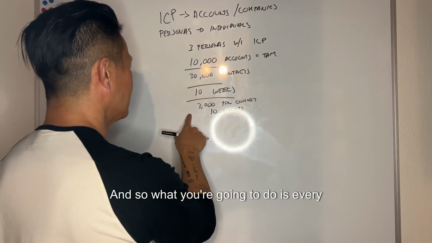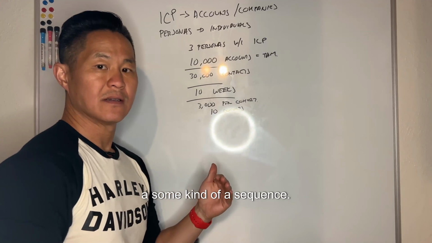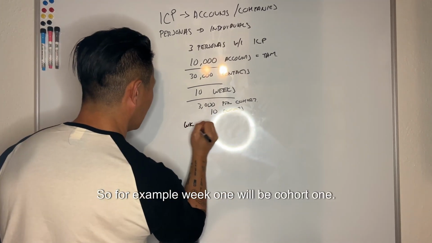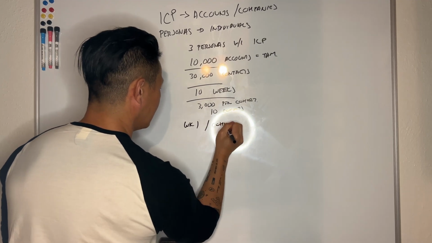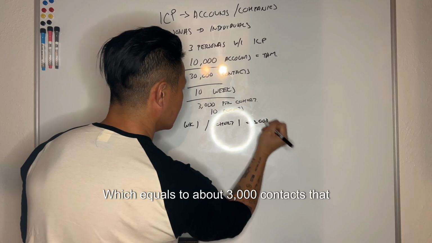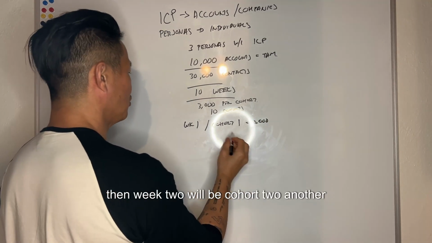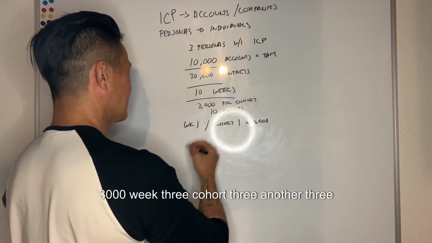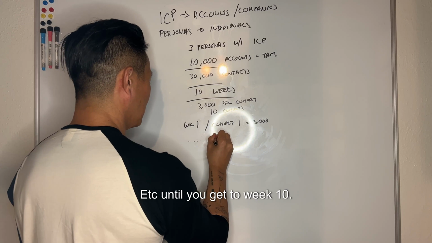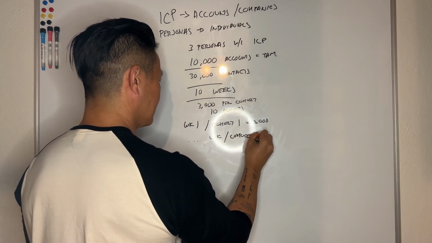And so what you're going to do is every cohort, you're going to start in a new week some kind of sequence. So, for example, week 1 will be cohort 1, which equals about 3,000 contacts that are going to be enrolled in this sequence. And then week 2 will be cohort 2, another 3,000. Week 3, cohort 3, another 3,000, etc., until you get to week 10, cohort 10.